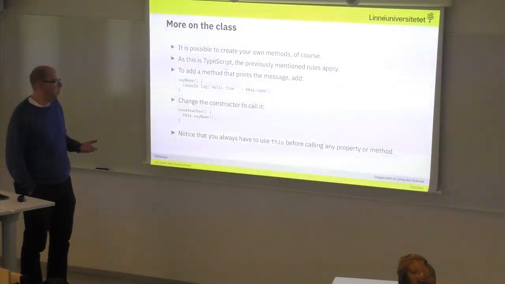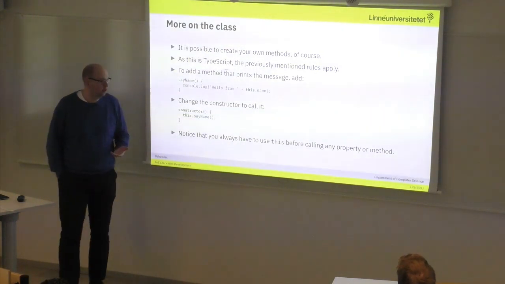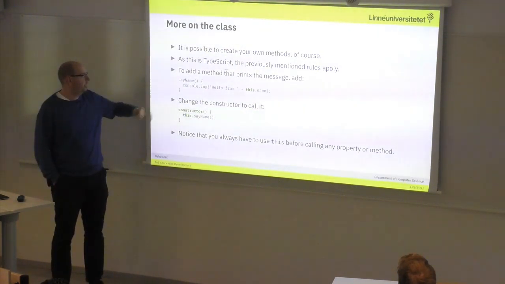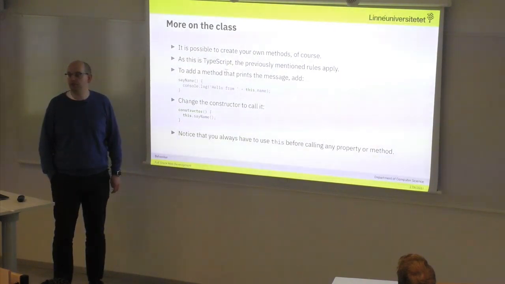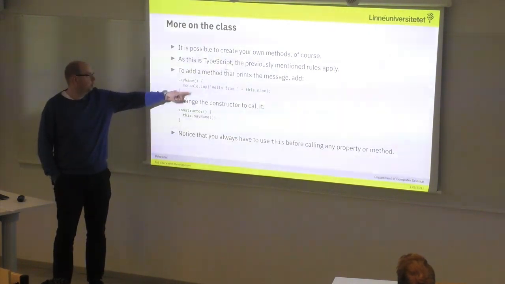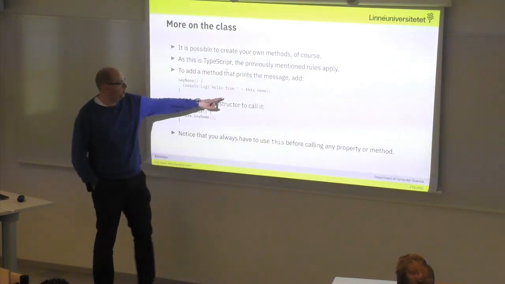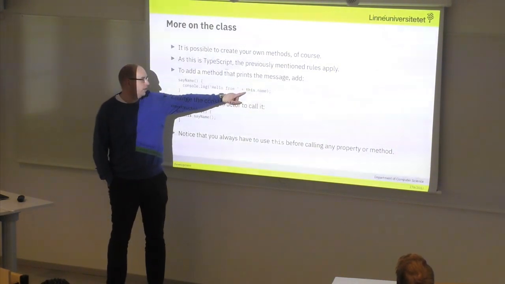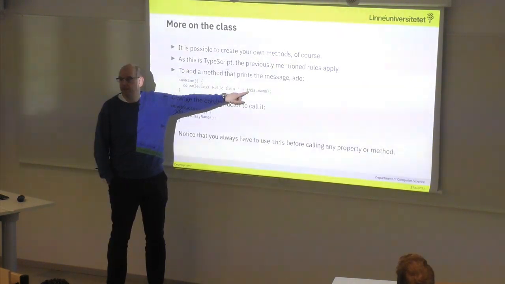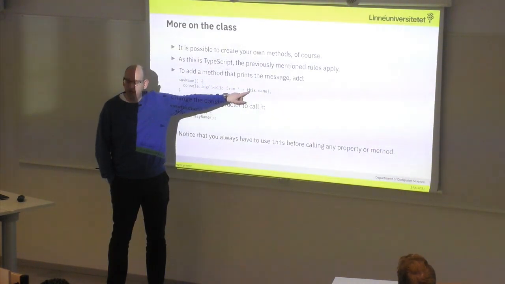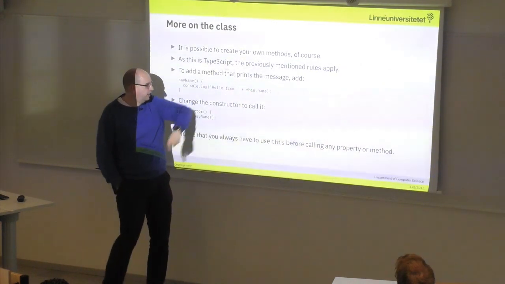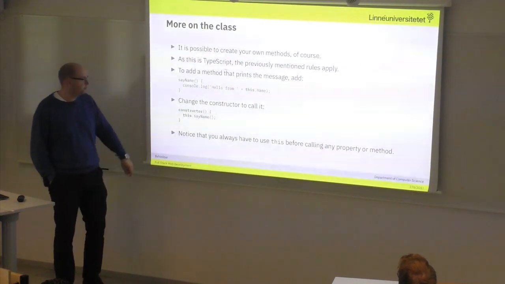This is TypeScript, so we can create methods, say name. In this case, it will not return anything. It would just put something in the log. Notice that when we want to use name, the variable, we need to prefix it with this. And that's just how it is. To get the variables that are available globally, so to say, in this class, we need this to precede it.